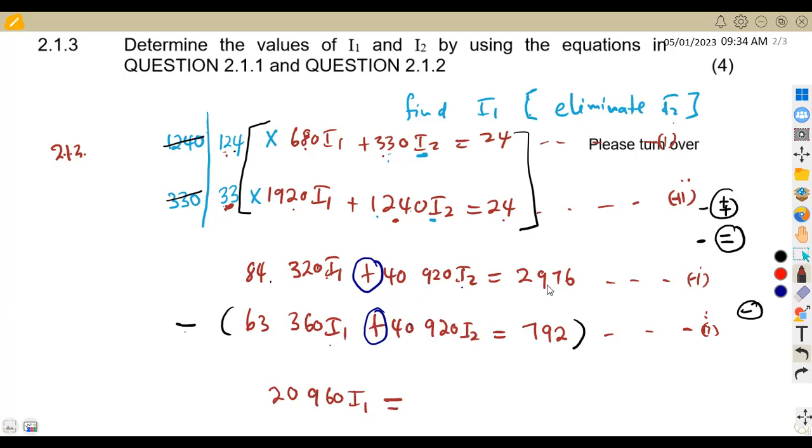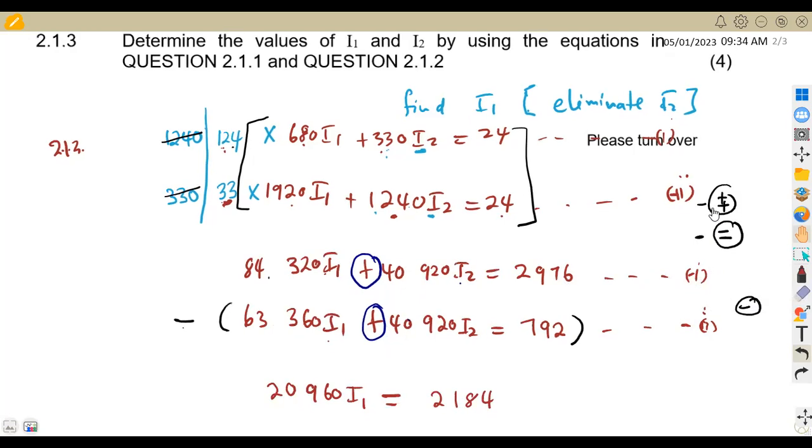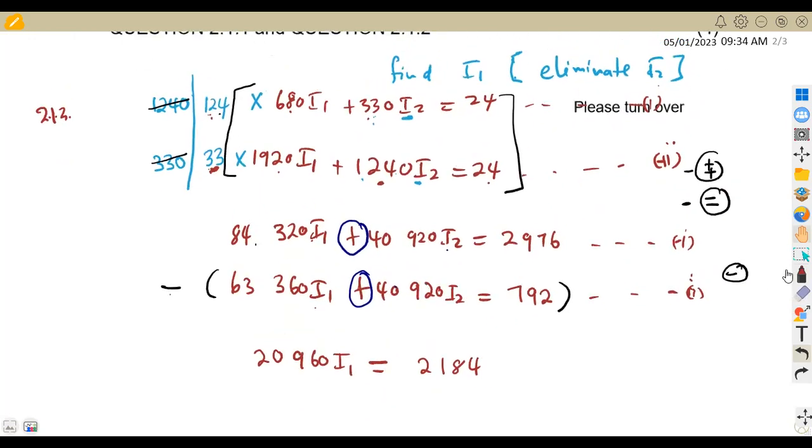So on the other side of the equation, we subtract 2,976 minus 792. This is going to be 2,184. So we can divide both sides of the equation so that we can determine the value of I1 by 20,960, both sides by 20,960.